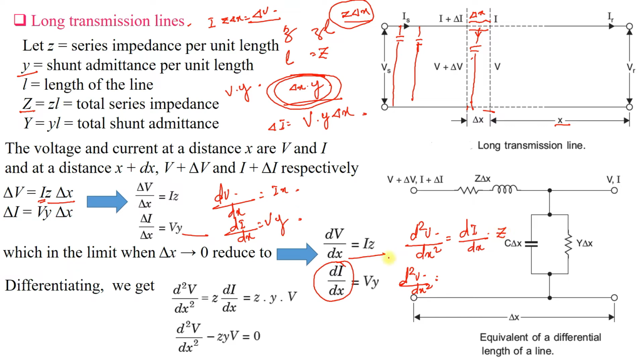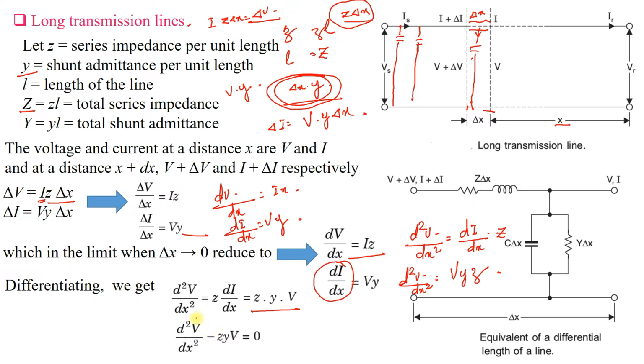And dI by dx is Vy. So we have Vy into z. We get this relation: d square V by dx square is equal to z into y into V.